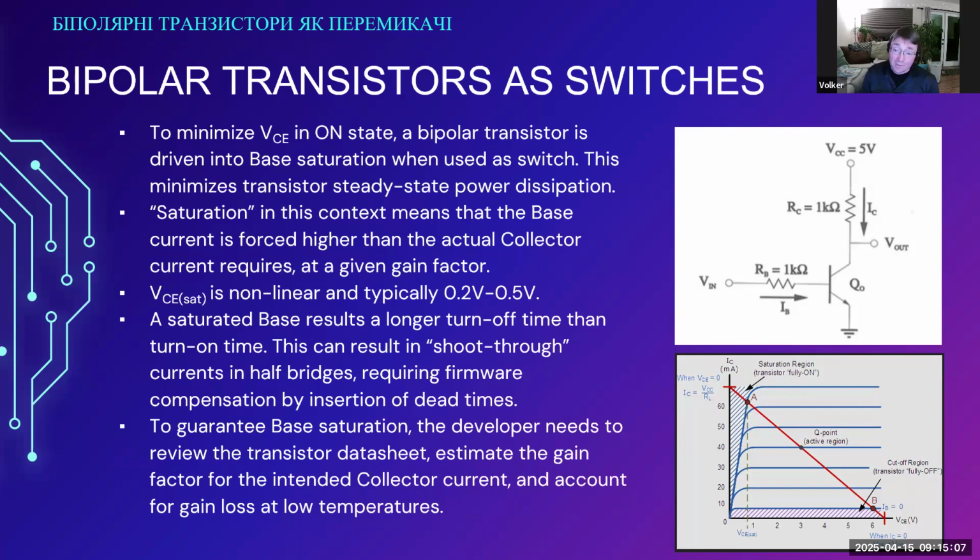High power transistors might have a collector emitter voltage of up to 1 volt. This is a problem if you have a lot of current, because that voltage multiplied by the current directly translates into waste heat in the transistor, in the switch.